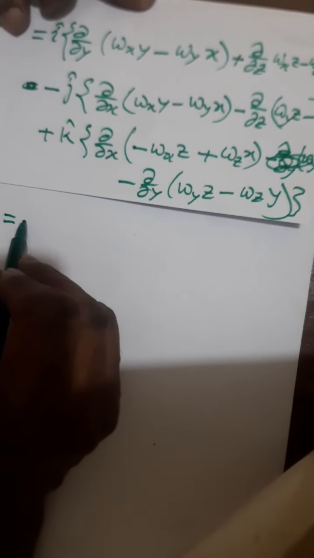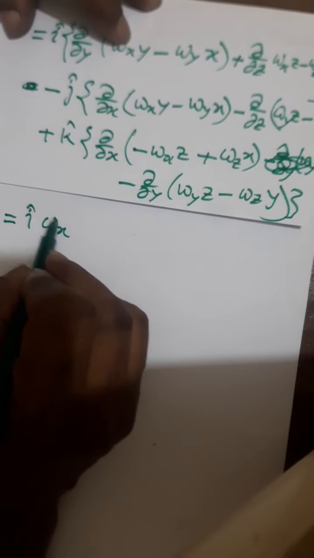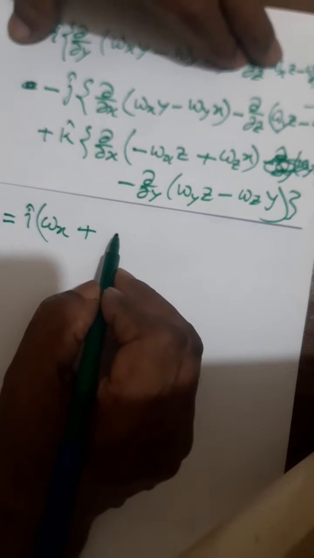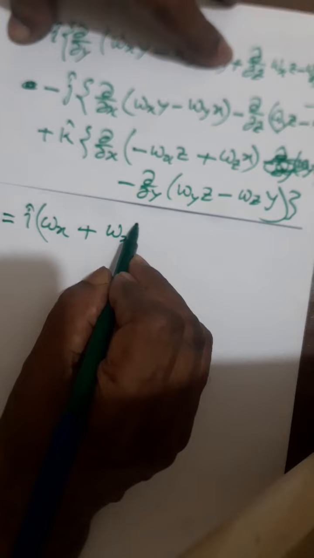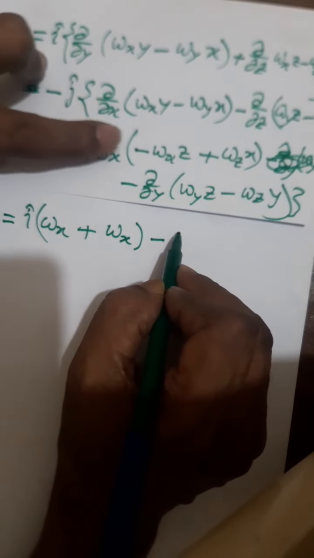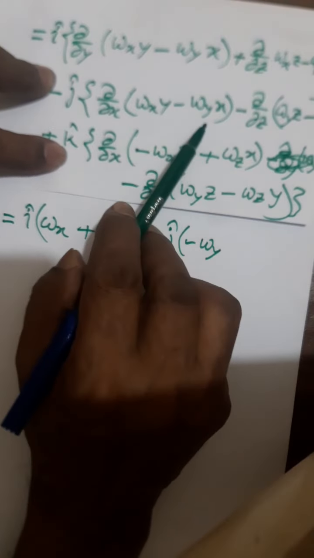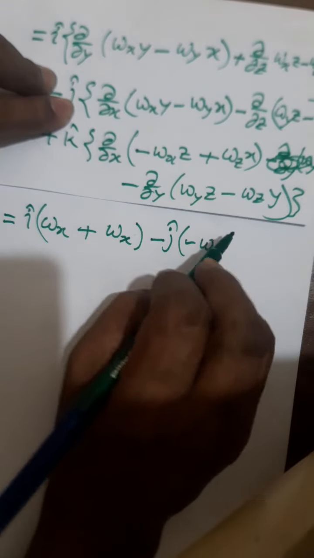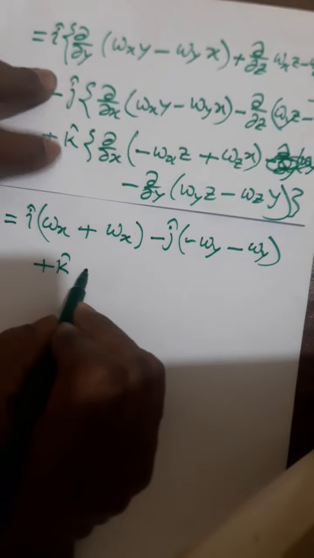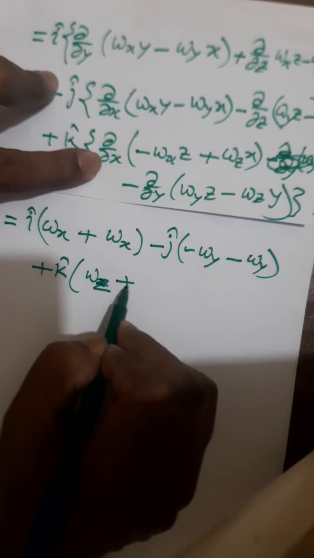Which is equal to i (omega x, this is 0, plus omega x), minus j (minus omega y, minus omega y), plus k (omega z plus omega z).